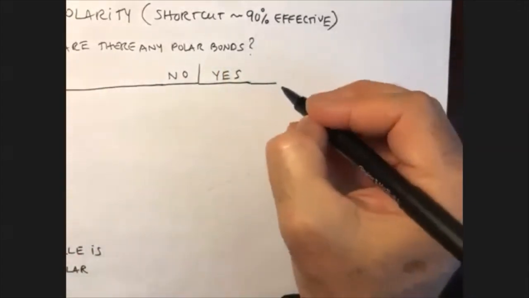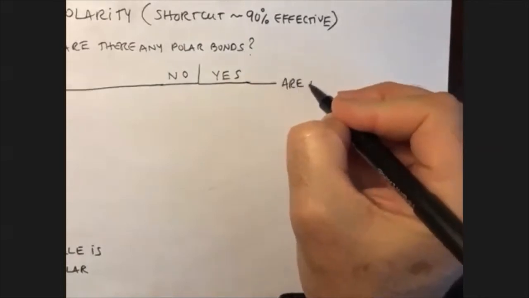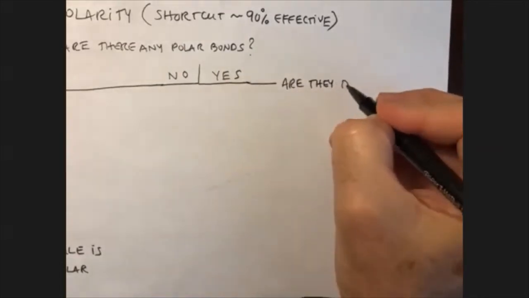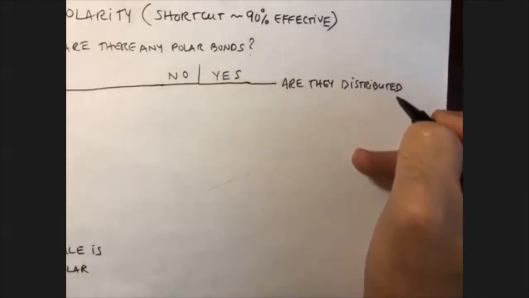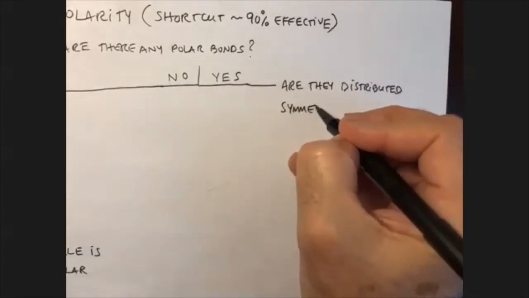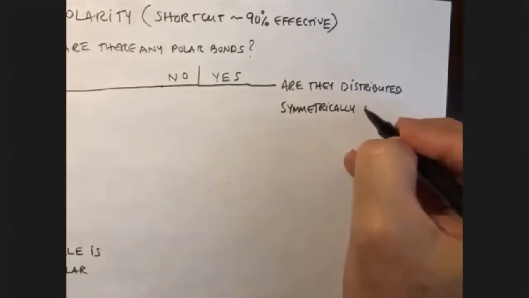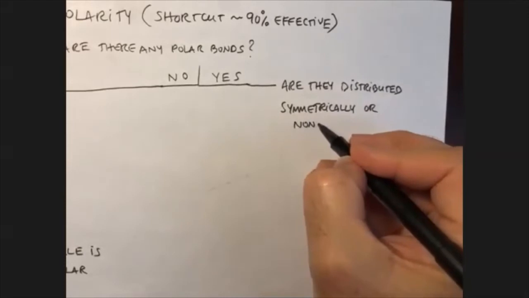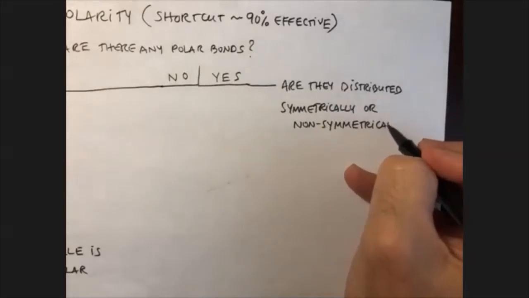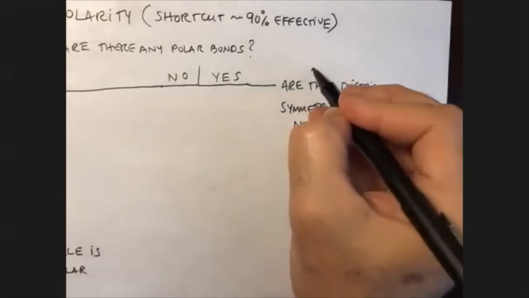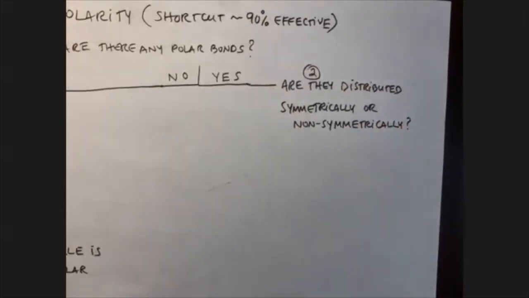So what I'm going to ask is, are they distributed symmetrically or non-symmetrically? Dr. DA, that's about as complicated. That doesn't make sense anyway. That's why I said I got to give you a shortcut, all right?